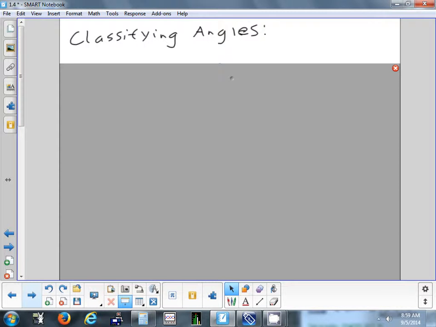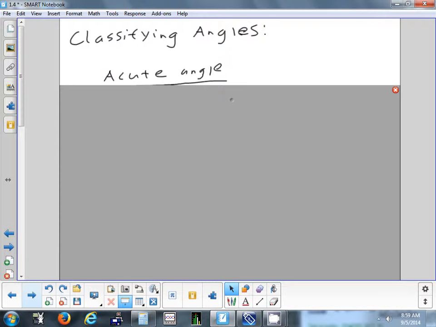Right, so we classify angles based on their measure. One type of angle is an acute angle. Anybody know the definition of an acute angle? Yeah, Luke? Angle less than 90 degrees. Yep, that's good. Less than 90. And there's one more part to it.